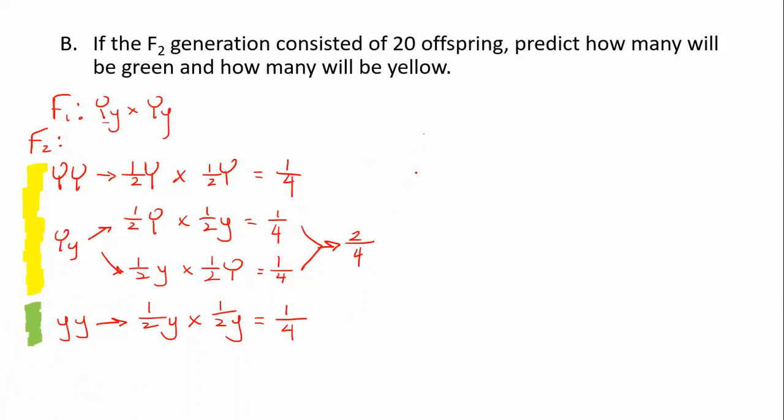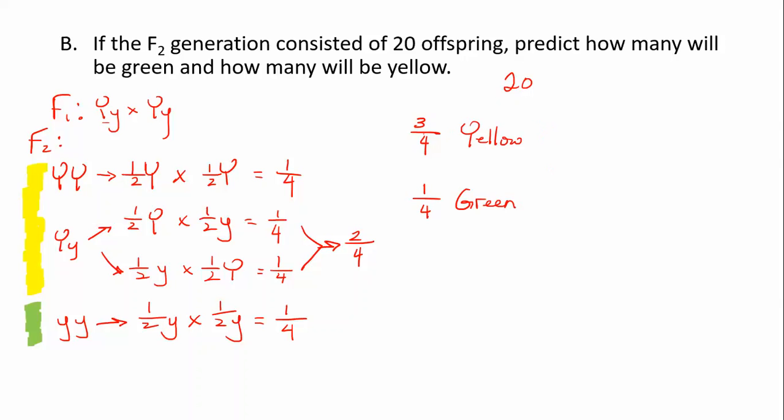So let's go back and think about this. Our total number of offspring is 20. Out of every 4 offspring that are produced, there is a 3 in 4 chance, because that's 1/4 plus 2/4, of having yellow offspring. There is a 1 in 4 chance of having green offspring.